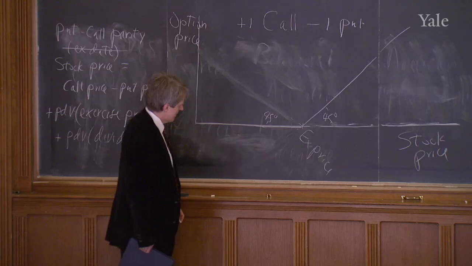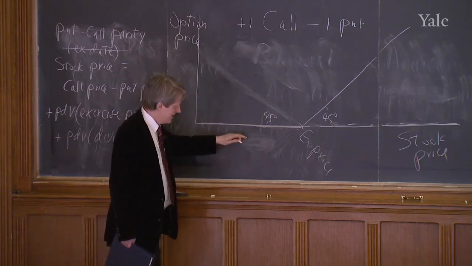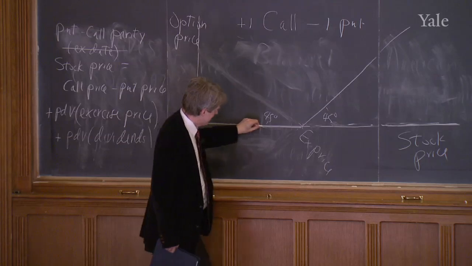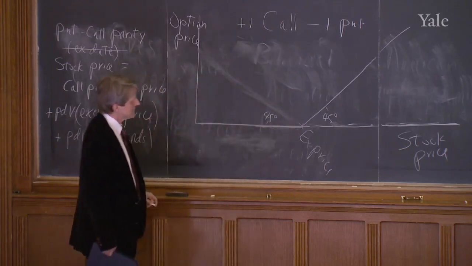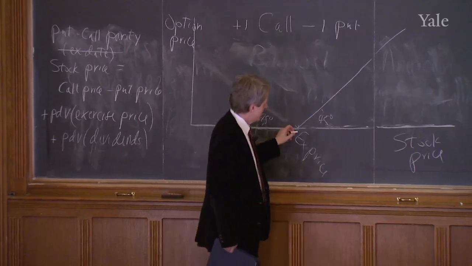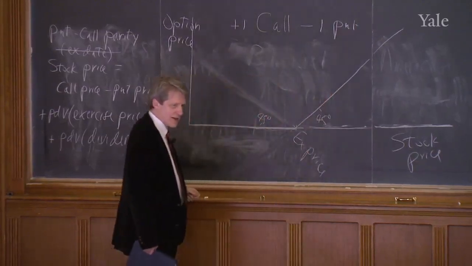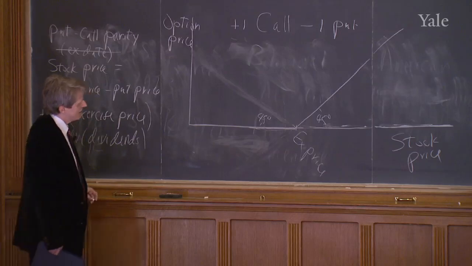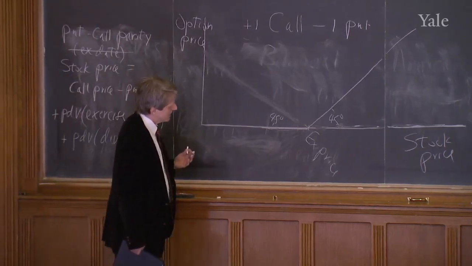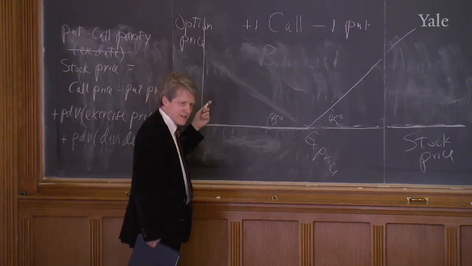Well, the price of a call can never be negative, right? So the call price has to be above this line. It can never be worth less than the stock price minus the exercise price, even before the date. And also, it can't be worth more than the stock price itself.